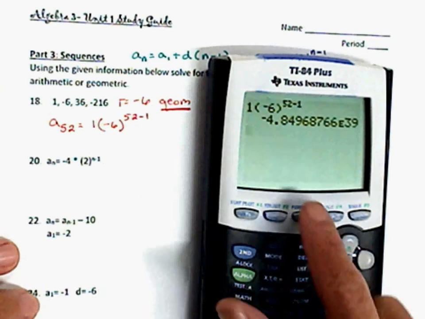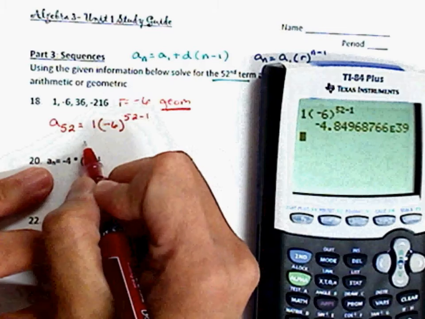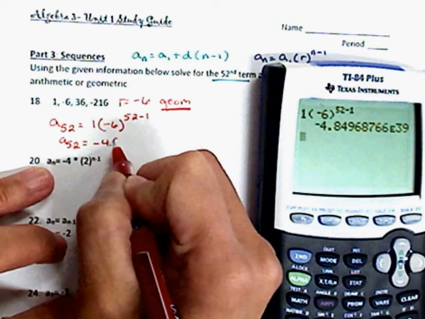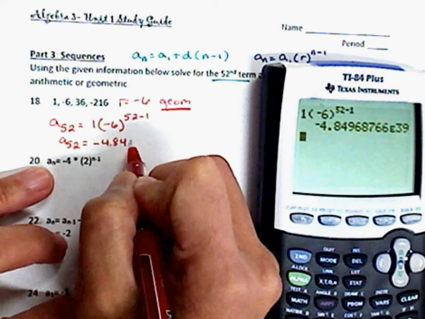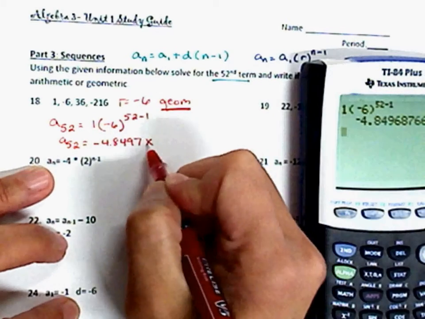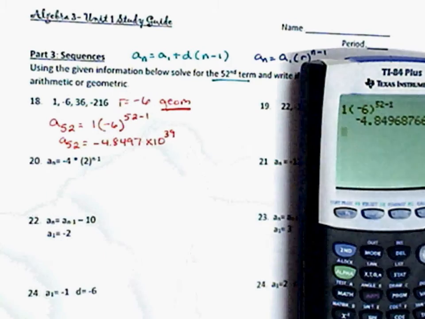And notice your solution is a really, really big number, okay? So your 52nd term is -4.8497. Four decimal places would be great. That E means times 10 to the 39, okay?